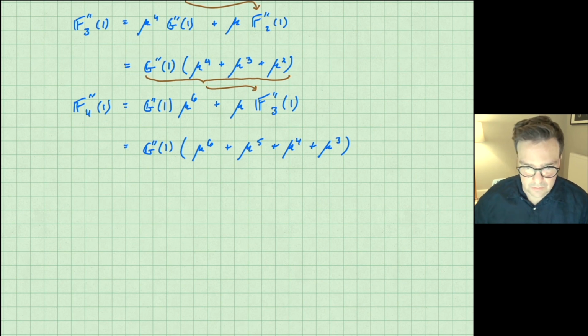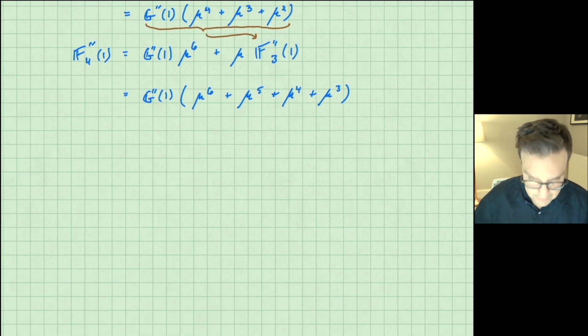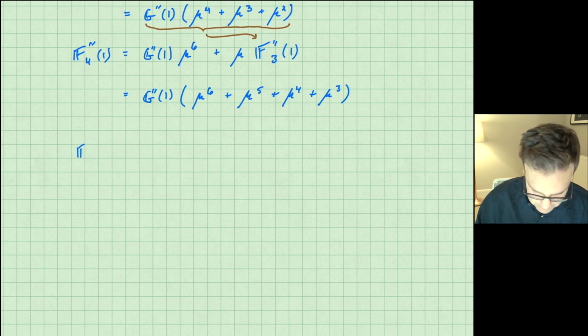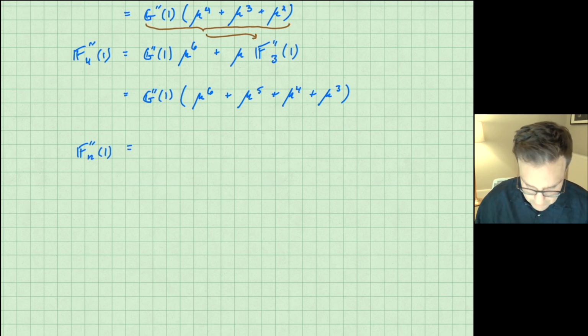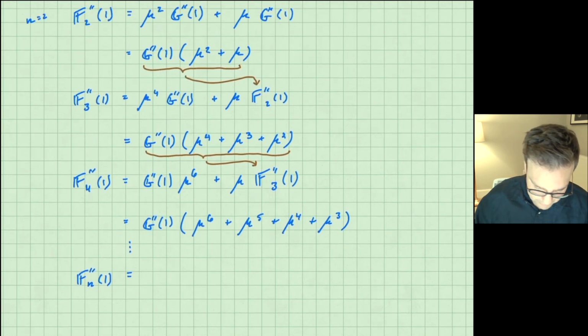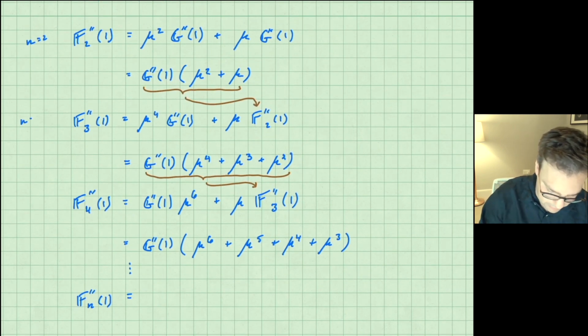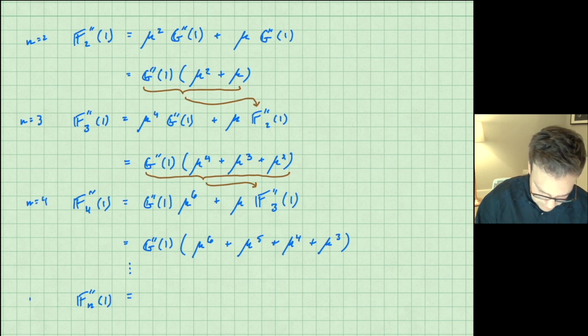All right. So the result f double prime of n evaluated at 1 looks like this. I'm just going to carry it over. I didn't even put my labels here: n equals 3, n equals 4, and just general n.